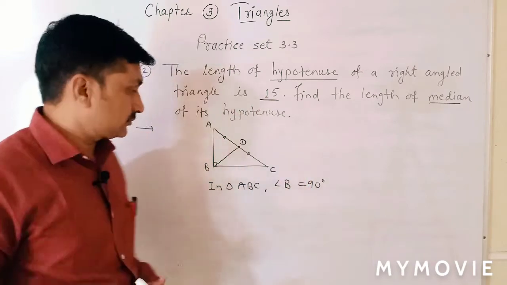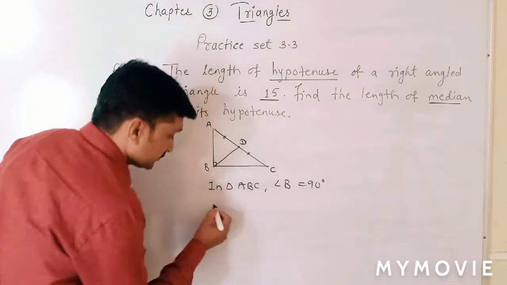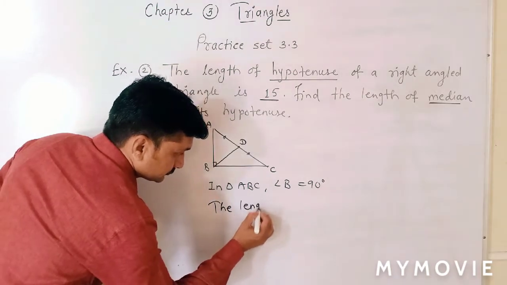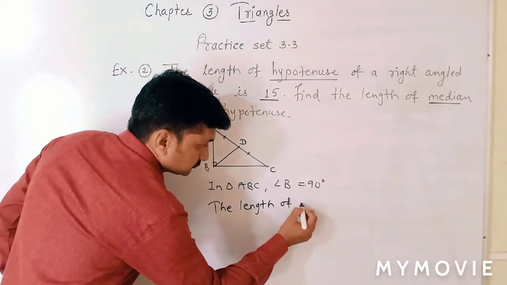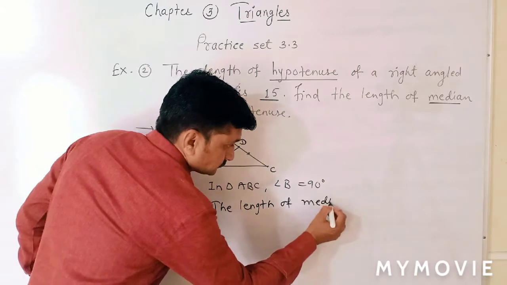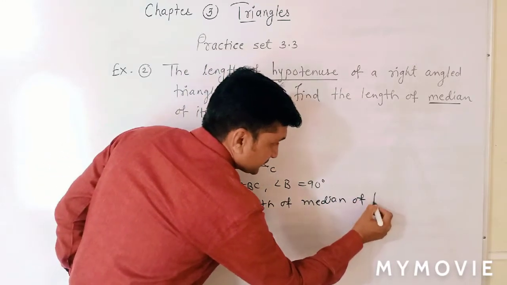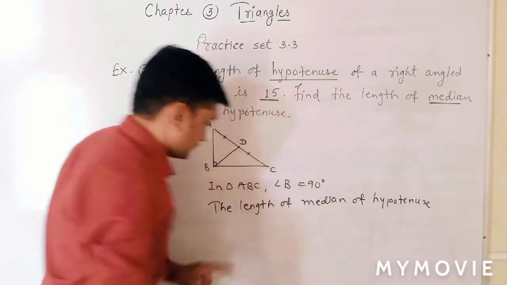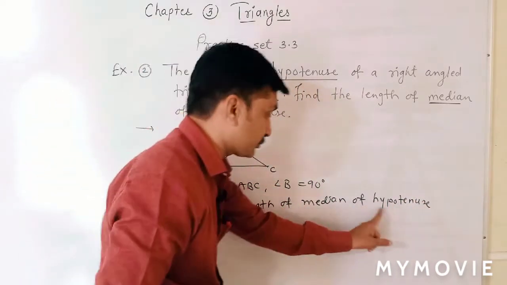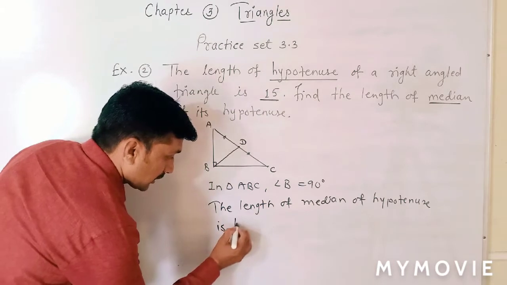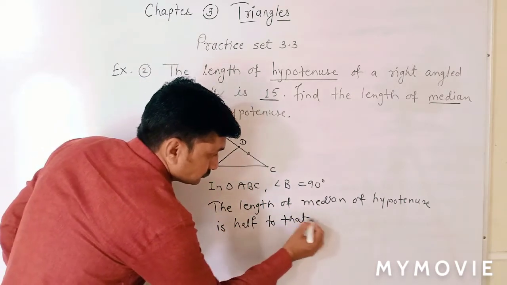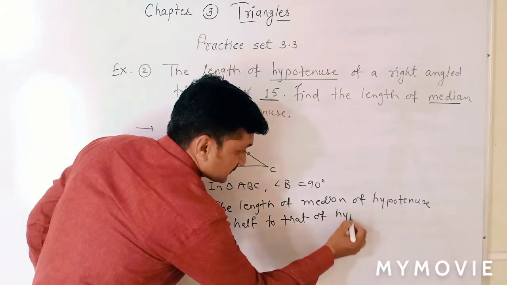Now by this property we have to write: the length of the median of the hypotenuse is half that of the hypotenuse.